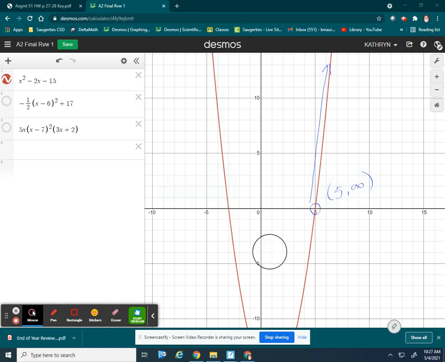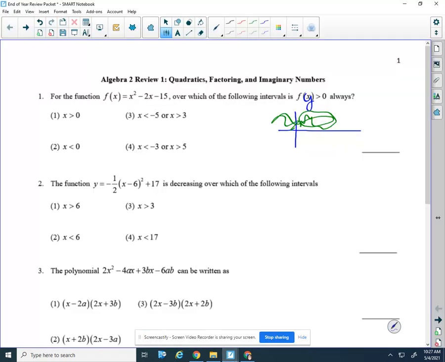So I'm just going to rewrite that on my packet. So this goes from negative infinity to negative 3 and 5 to infinity. Now, I wrote that in interval notation, but our answer is written in set builder notation with the inequality or the alligator mouth.